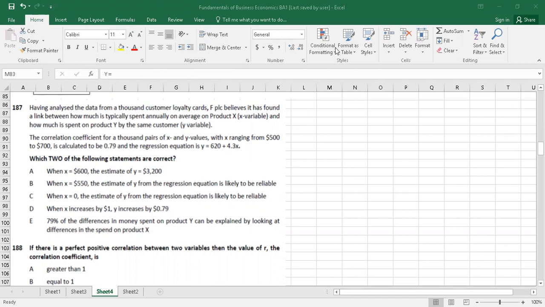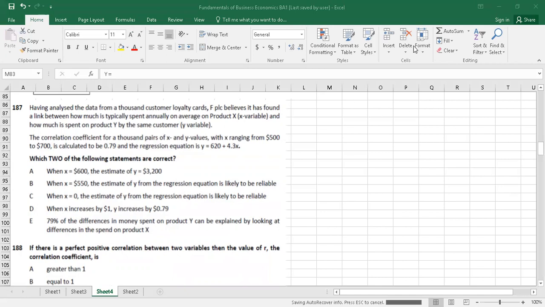Having analyzed the data from 1,000 customer loyalty cards, FPLC believes it has found a link between how much is typically spent annually on average on product X (the X variable) and how much is spent on product Y by the same customer (the Y variable). The correlation coefficient for 1,000 pairs of X and Y values, with X ranging from $500 to $700, is calculated to be 0.79, and the regression equation is y is equal to 620 plus 4.3x.